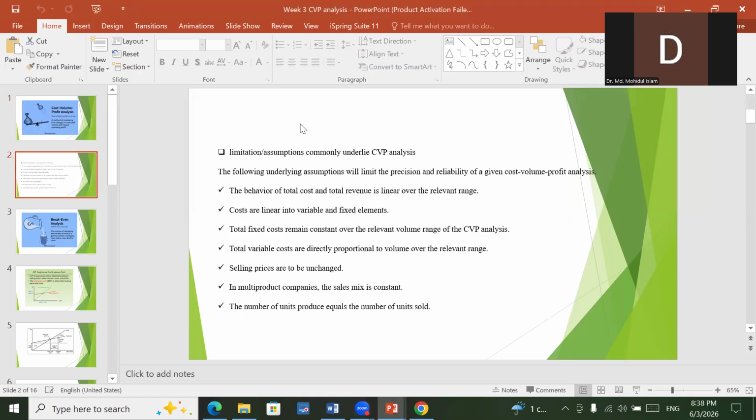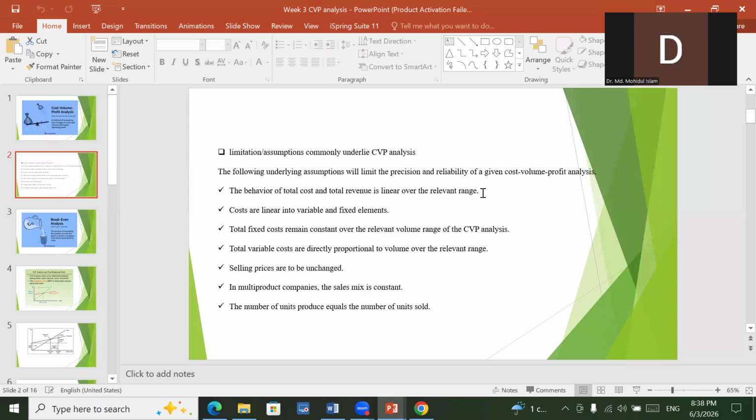To be cost volume profit analysis, there are some criteria, assumptions, limitations. First criteria, the behavior of total cost and total revenue is linear over the relevant range. Linear means the relationship, where one depends on another, and a consequent relationship indicates this linear.